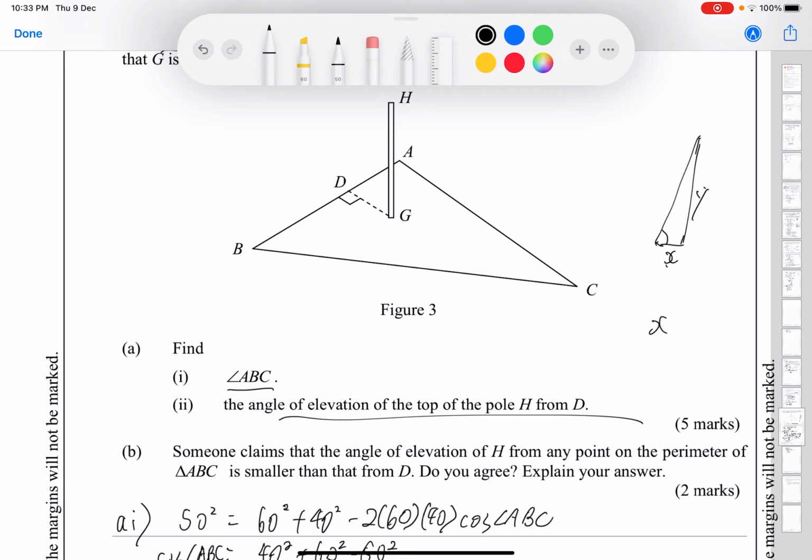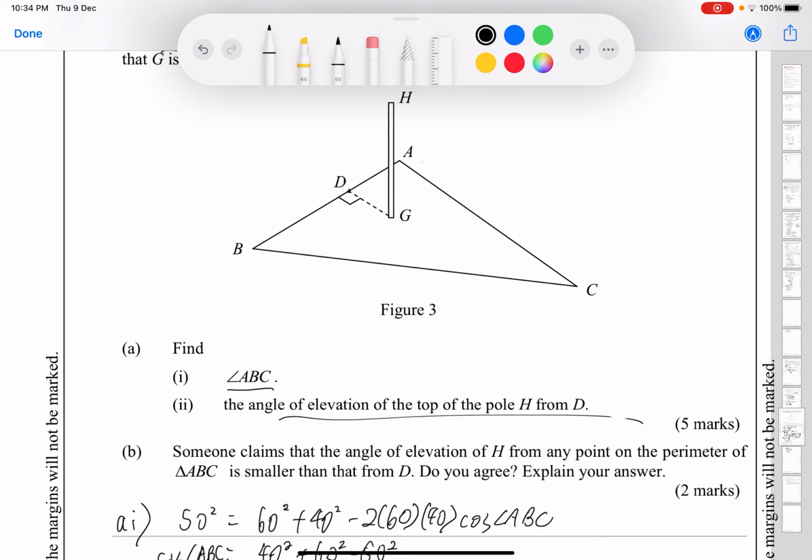X needs to be as short as possible, and y needs to be as long as possible. However, in this question, y is fixed because it is a pole. It is 12 meters. It is already given. The only variable is x. So when is x shortest?